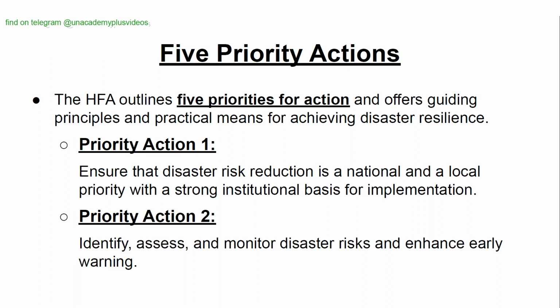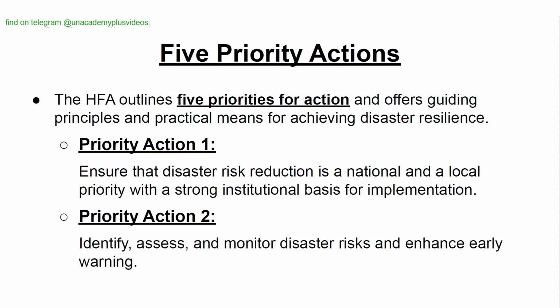Five priority actions. HFA outlines five, that is the Hyogo Framework, okay? Priorities for action and offers guiding principles and practical means for achieving disaster resilience. Priority action one: ensure that disaster risk reduction is a national and a local priority with a strong institutional basis for implementation.